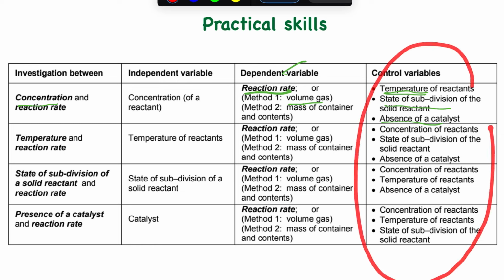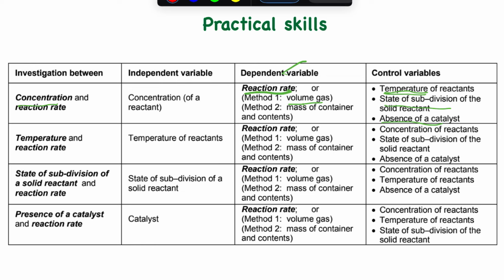Guys, the control variable is what you did not change. So let's look here, this is the catalyst and the rate of reaction. You can't have the catalyst as a control variable, because it was not fixed. The catalyst is what you have changed. So what you did not change is the concentration and the temperature and the state of division. I hope that makes sense, guys.